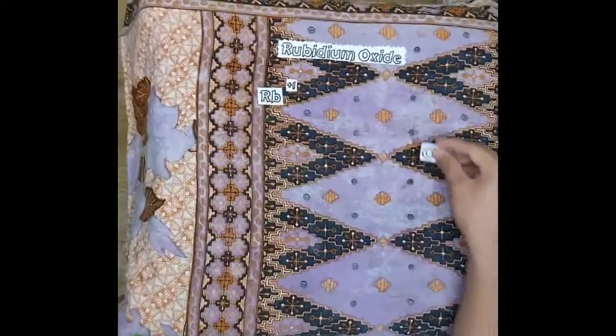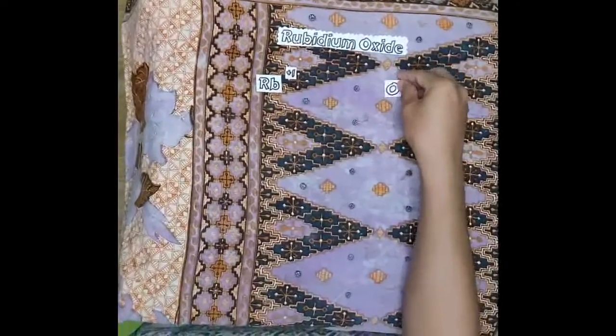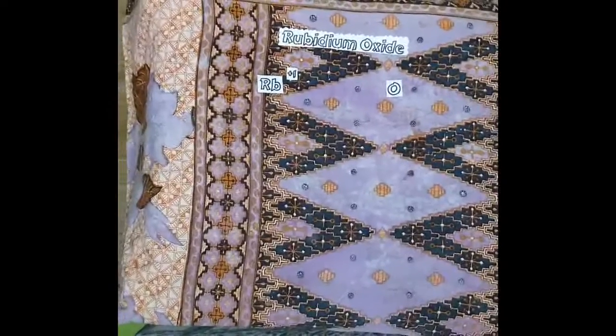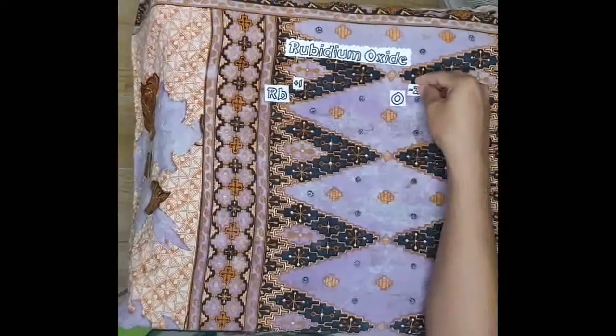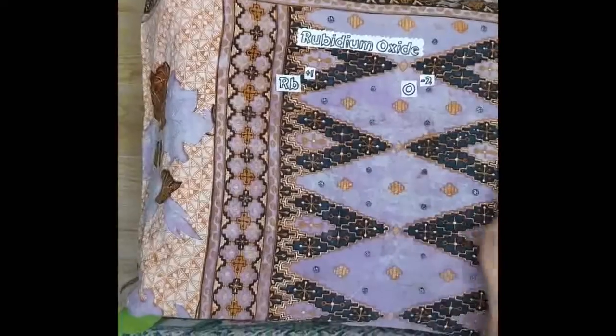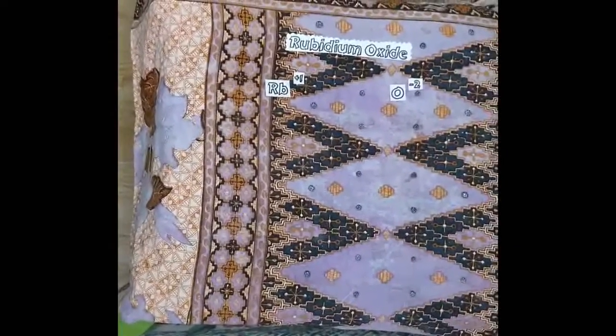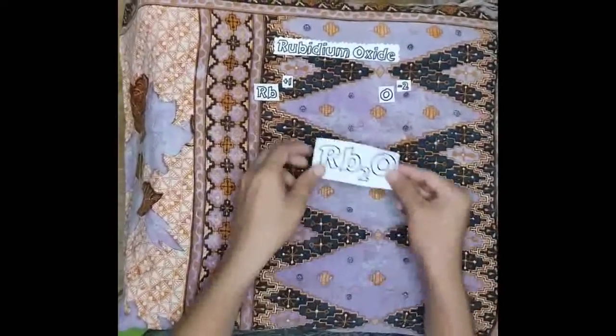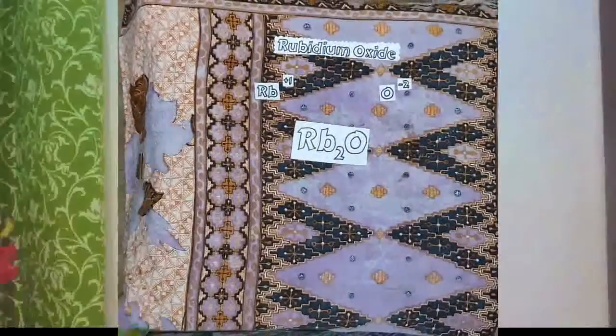Oxide is for oxygen and has a symbol of O, and has an oxidation state of -2. In this type, we can use the criss-cross method, so the answer will be Rb2O.